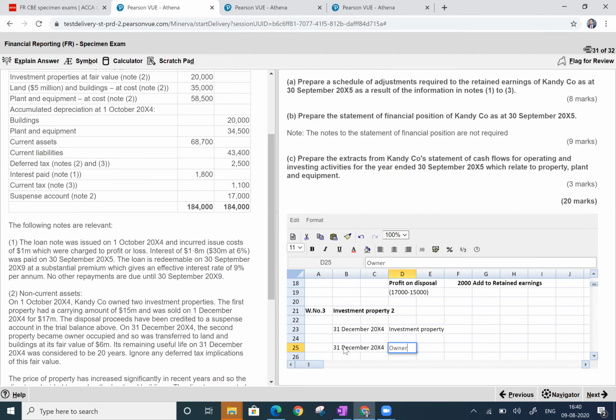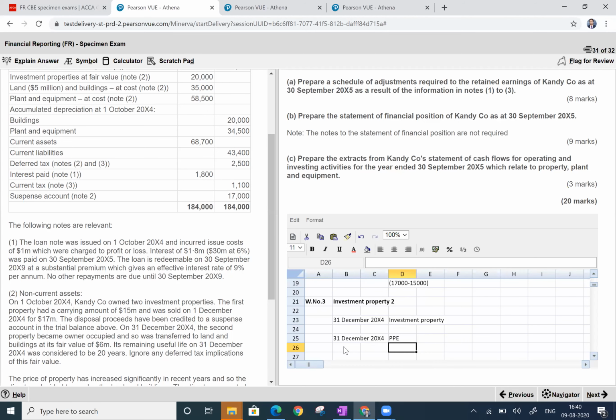I'm going to use the word PPE, property, plant and equipment. The second property became an owner-occupied property, and so was transferred to land and building at fair value of 6 million. So which value will you record? You will record 6 million.